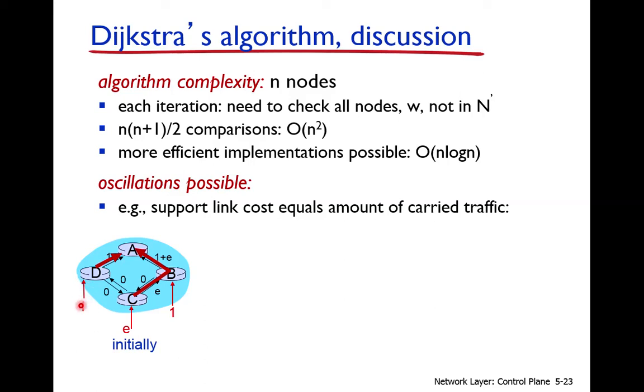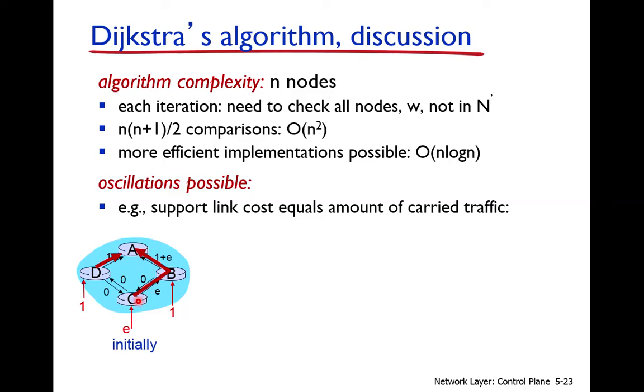Suppose these 3 hosts have sent the first packet, and for that first packet, the D router used this path, the C router used this path, and the B router used this path.